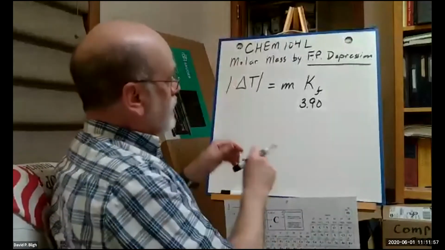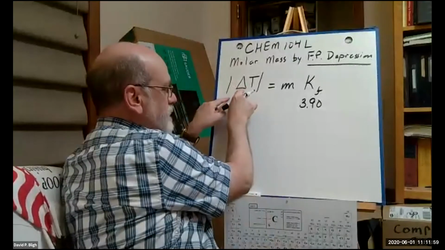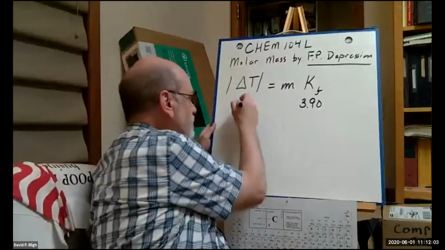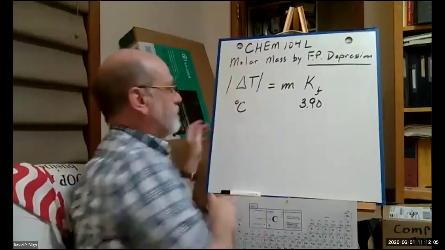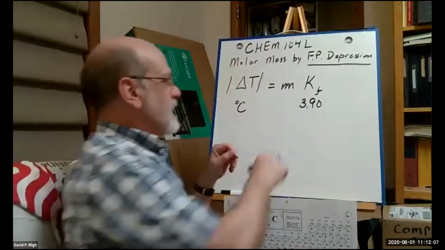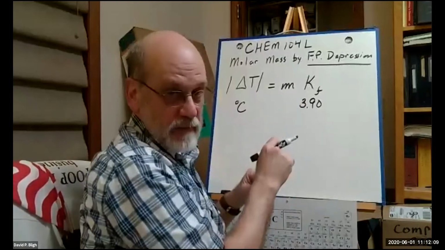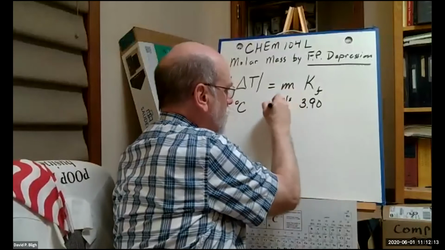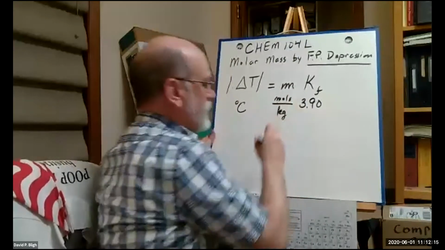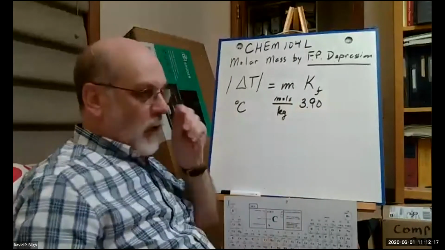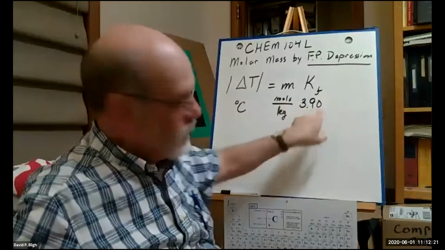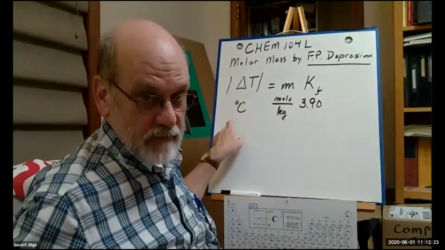All right. So if delta T is degrees centigrade, okay, and molality is moles per kilogram, what units do we need for this value in order to give us degrees centigrade?